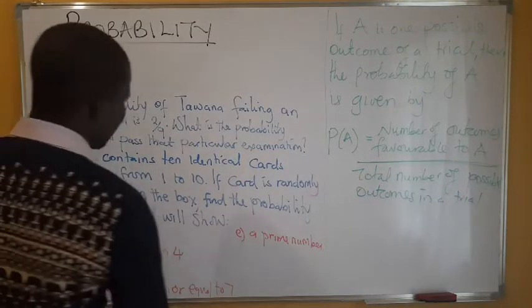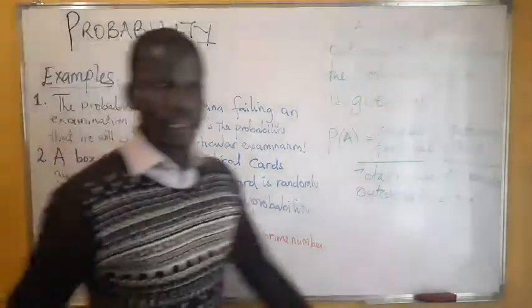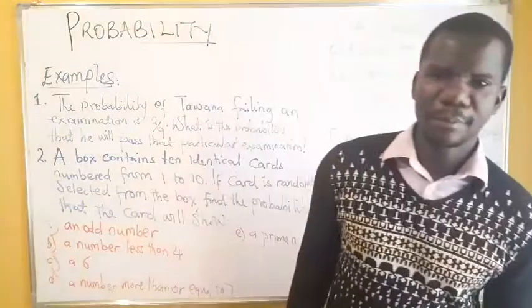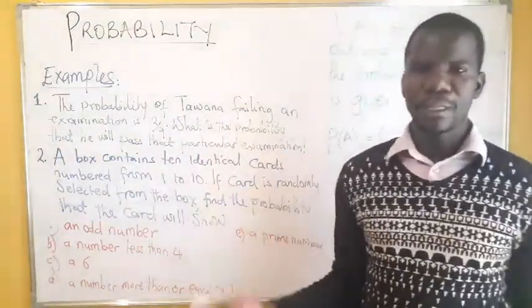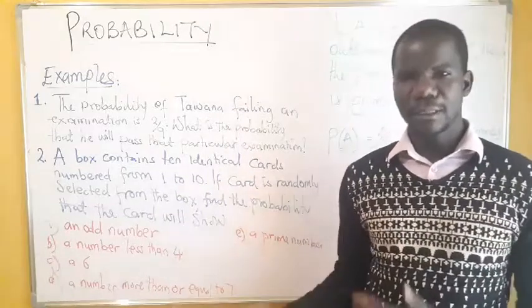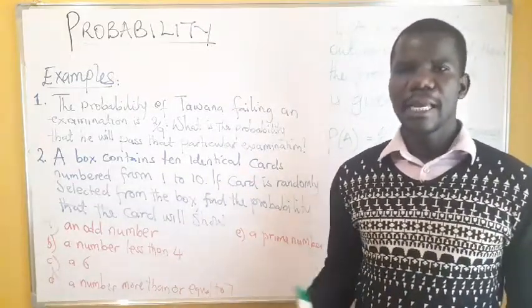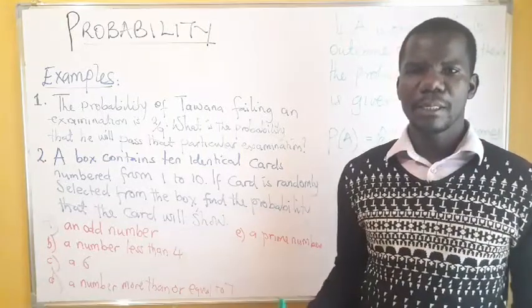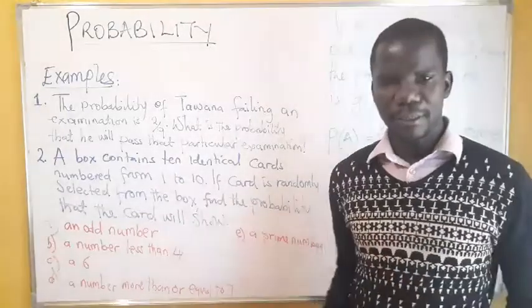When we're talking about a probability, what are we looking at? What is the probability that you are going to pass your exam? You go and attend interviews. What is the probability that you are going to be successful in that interview? We are looking at the possibility, the likelihood. How do you rate your chances?